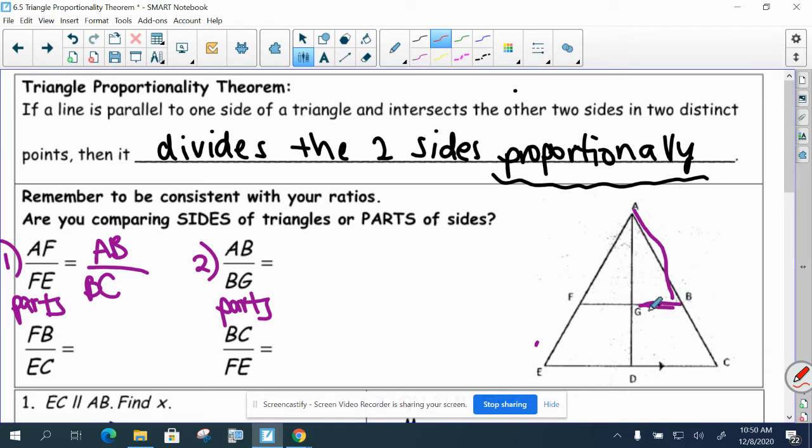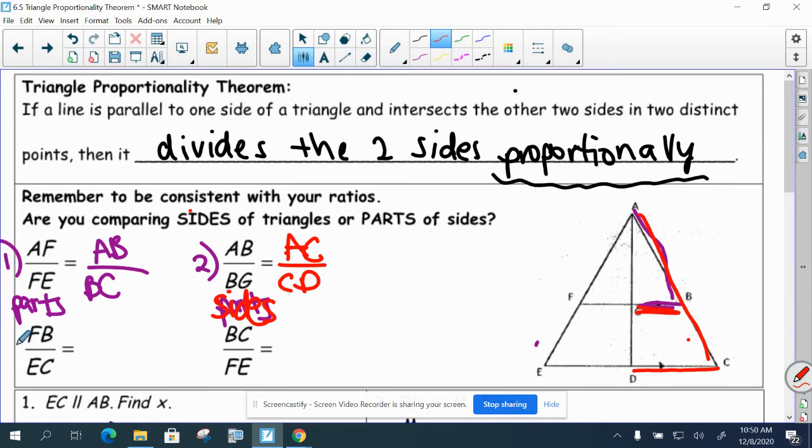Whenever you involve the bottom part of the triangle, you're going to include the bottom part of the other triangle. So if you do BG, then you're going to do CD. Or whenever you include the parallel line, you want to include the parallel line for the other triangle, for the same side. So we'll do AC over CD. I guess in that case, it would be the sides of the triangle. My apologies. So we're doing the sides of the triangle here.